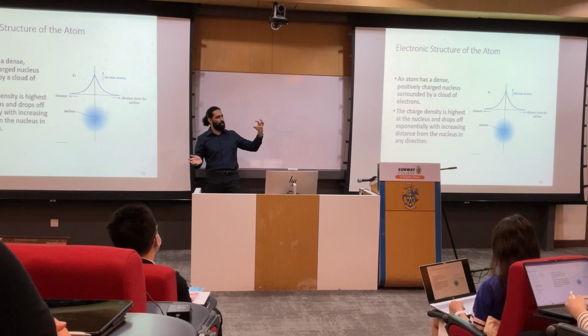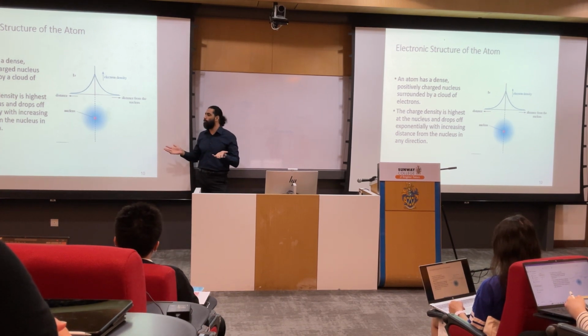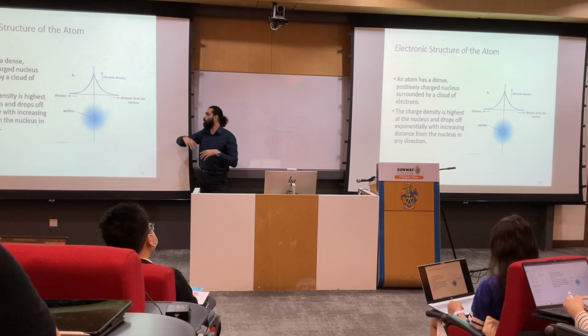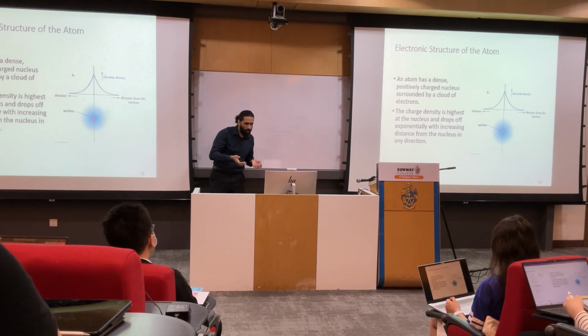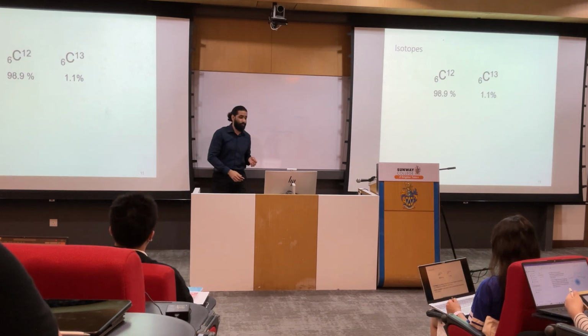We have a positive nucleus in the middle, and then the electron density is at the edges of the atom. Most of the volume of the atom is actually empty, because the nucleus is very small and in the middle, and the electrons are also very small, but they move around the nucleus based on electrostatic and centrifugal forces. Yeah? And a lot of other details, I guess we can just skip.